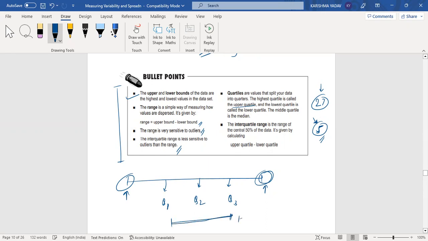It excludes the upper 25% and lower 25% of the data, so it excludes the outliers and considers only the middle 50% of the data set. It is the upper quartile minus the lower quartile.